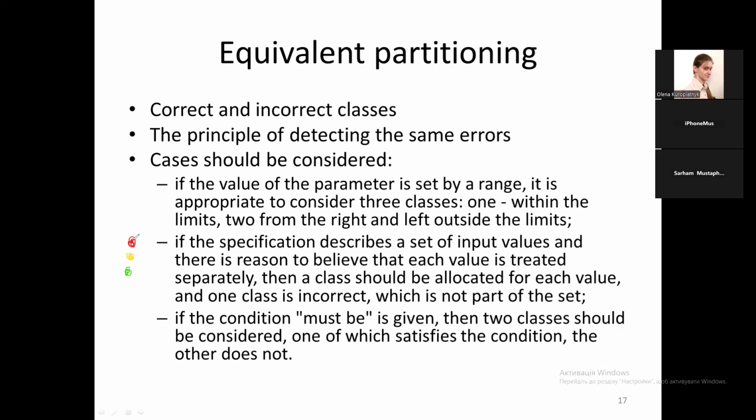If I have some value that equals true, I need to create two tests: one where this value equals true, and the second when this value does not equal true and equals false. That is all the needed tests in this case.